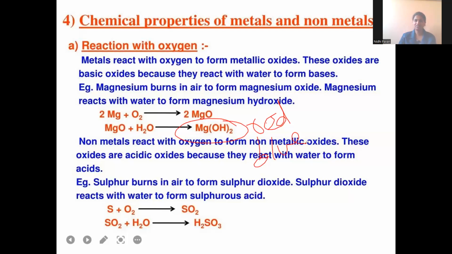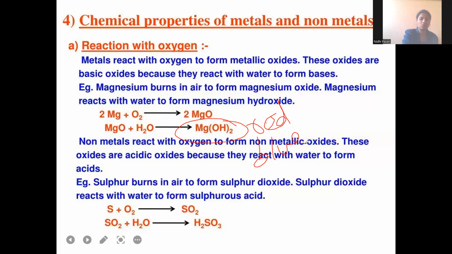Metals, when they react with oxygen, form respective metallic oxides. Those metallic oxides are basic in nature because when they are dissolved in water, they convert into respective bases. Next thing is non-metals. What happens when non-metals react with oxygen?